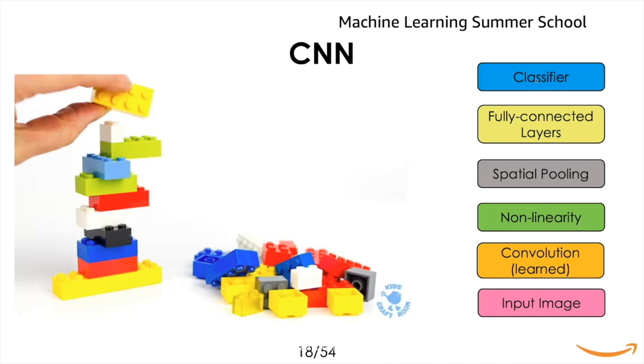But the difference in CNNs is that unlike in regular neural networks where neurons are arranged in 1D, in convnets, neurons are arranged in 3 dimensions. So the input image will have 3 dimensions: width, height, and depth. And the neurons in a layer will not be connected to all the neurons in the previous layer. Instead, each will be connected to a small region in the previous layer when the convolution is taking place.